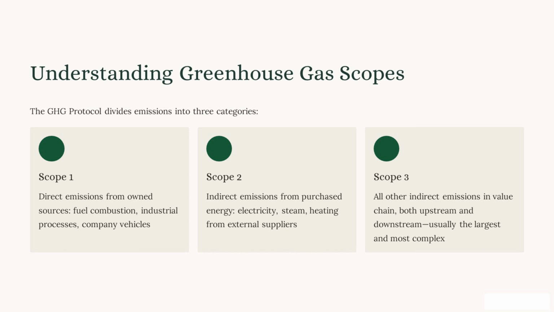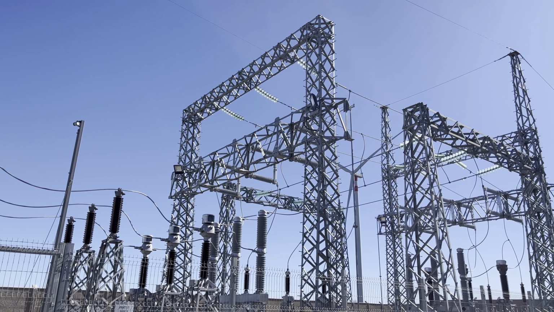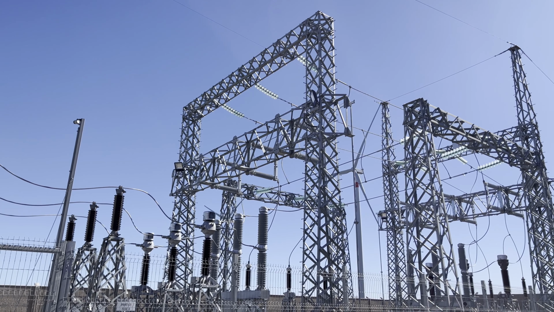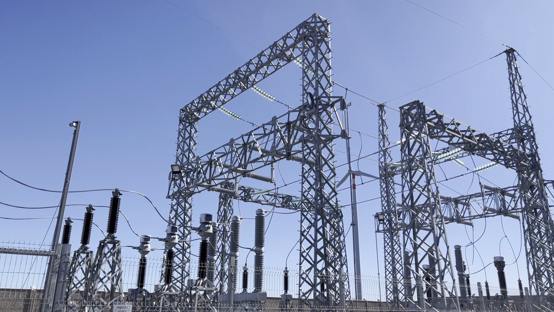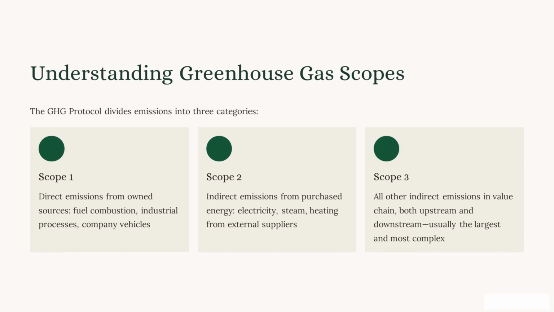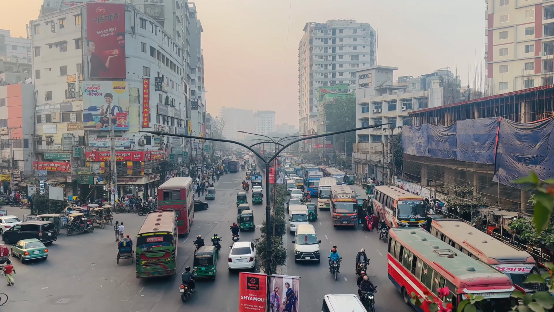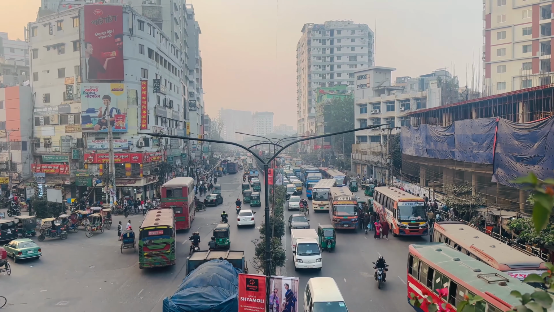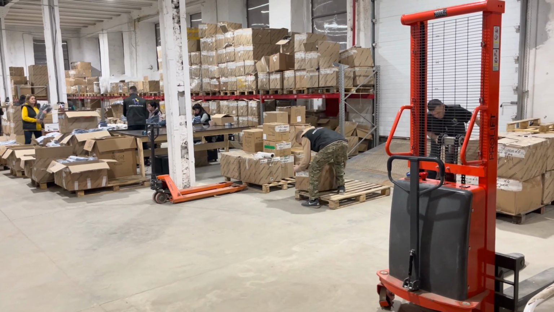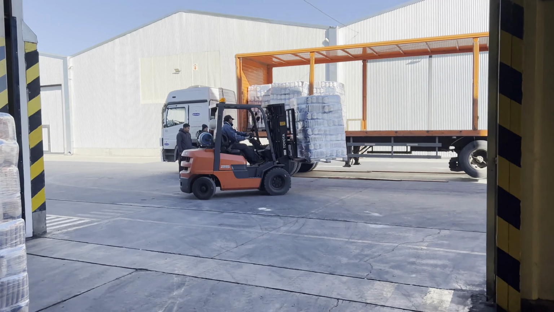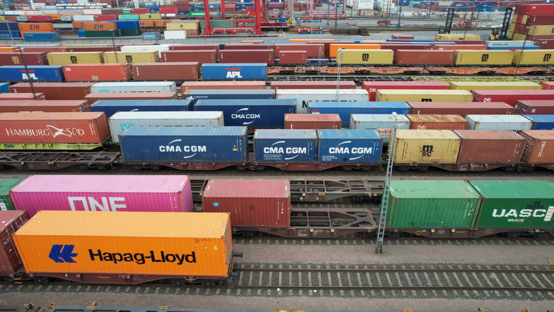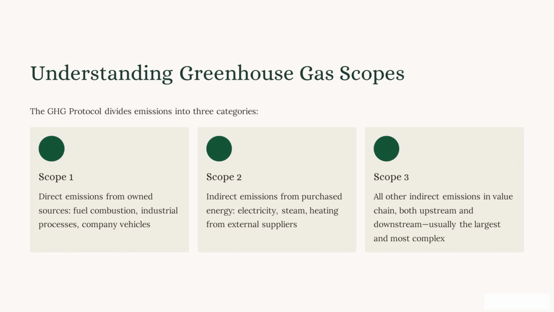Second is Scope 2 emission, which includes indirect emissions from purchased energy, mainly electricity, steam, or heating purchased from external suppliers. And third is Scope 3 emissions. This includes all other indirect emissions occurring in the value chain of the company, both upstream and downstream. Scope 3 emissions are usually the largest and most complex part of the company's carbon footprint.